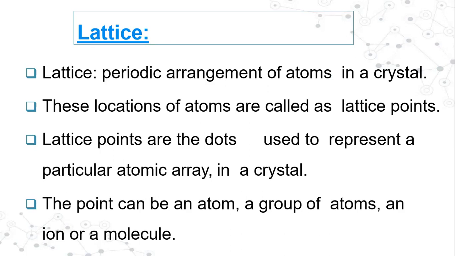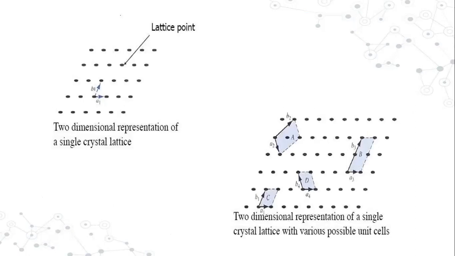So it can be a single atom or a bulk of atoms, or an ion or a molecule. These can be of different types. The points can be arranged only at the lattice points. You can see the lattice points here.